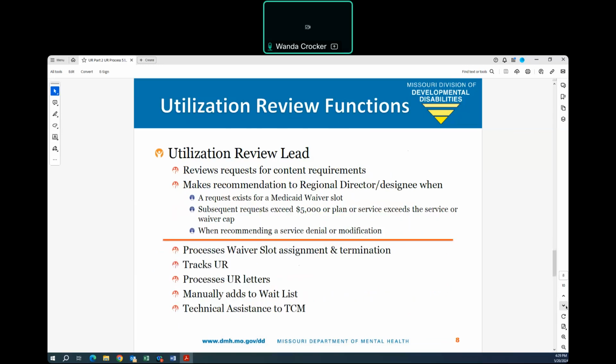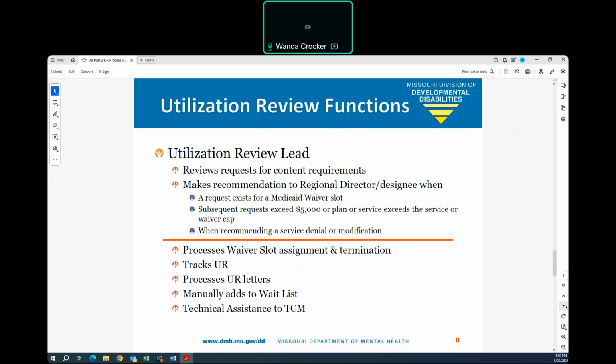So if you look at the UR lead, they're going to review the packet back to that who, what, where, when, how, why, and how much. They're looking for all of the content requirements, not just the documentation, the story, but also the forms that are necessary. The UR lead is going to make a recommendation to the regional director or their designee anytime there's a request for an initial Medicaid waiver slot or request a change between waivers.